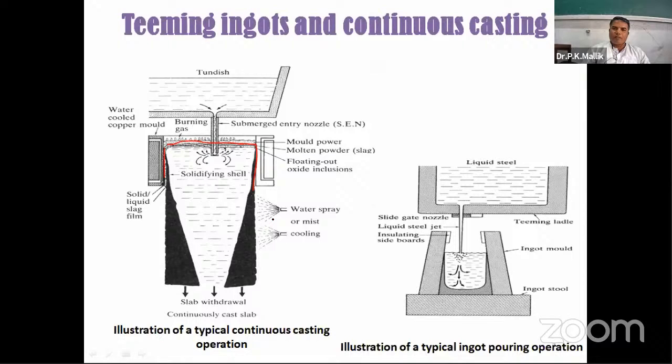Here the main concern is that fluid flow is also taking place. So you have to know what the velocity of this mold is, or what the viscosity of this slag should be.